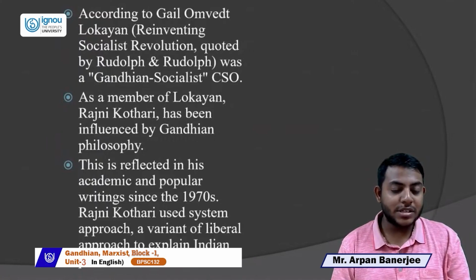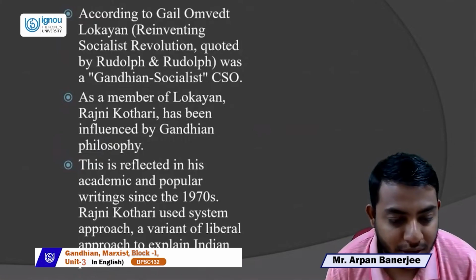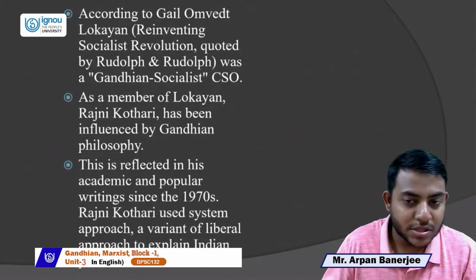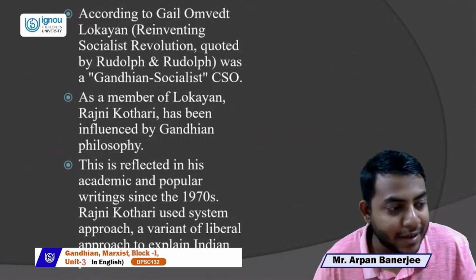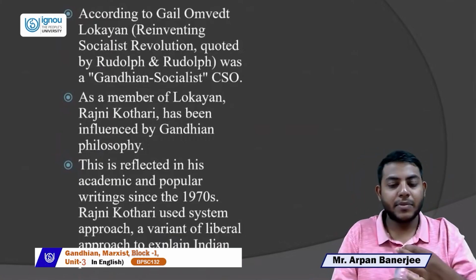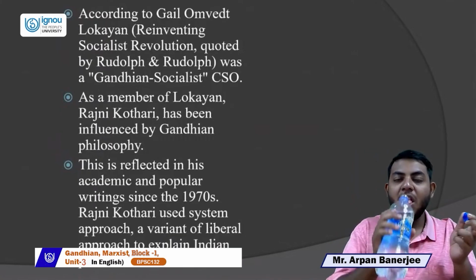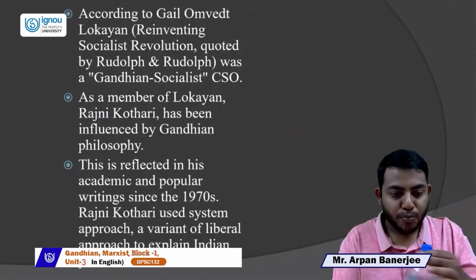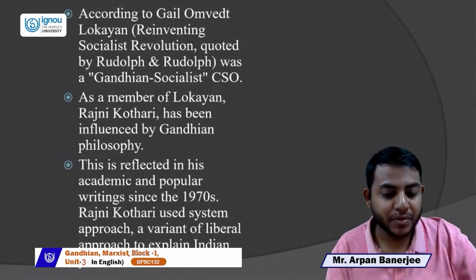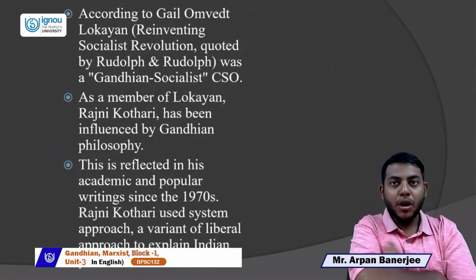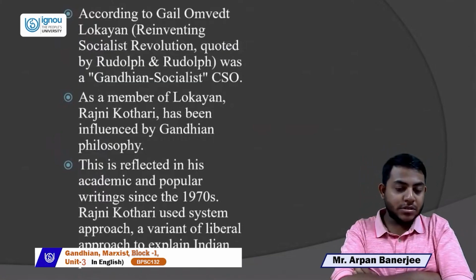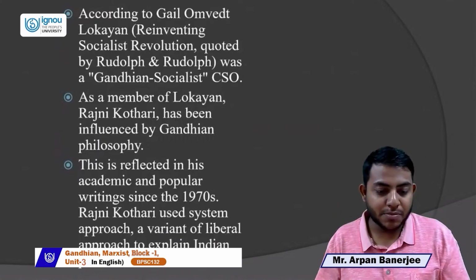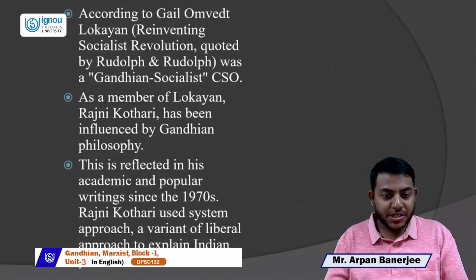Rajni Kothari used the systems approach, a variant of liberal approach, to explain Indian politics. The systems approach was given by David Easton. And Rajni Kothari, in his work Politics in India, used the systems approach, which basically is a variant of liberal approach, to explain Indian politics.